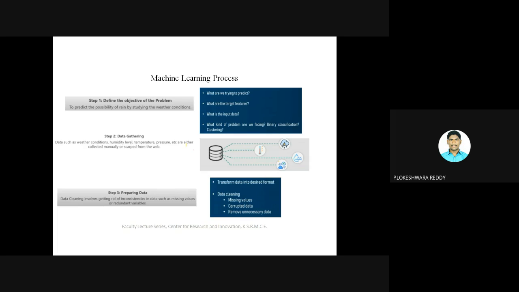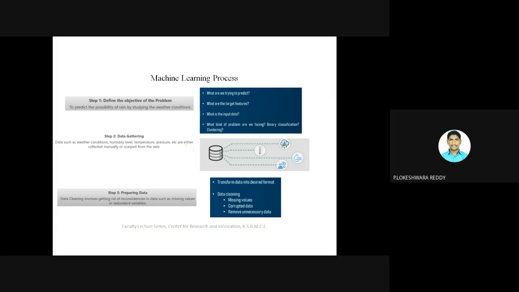Why do we identify the objectives? It is what we are trying to predict, what sort of parameters you are going to predict, what the target features are that we can estimate, what sort of input data we can give, what kind of problem you are facing, what sort of classification you can use, and what sort of clustering or regression mechanism you could use in your machine learning process.